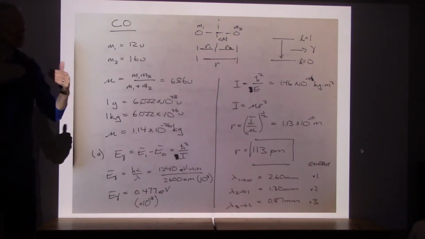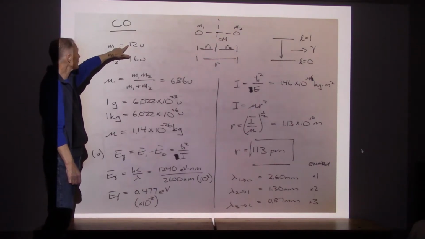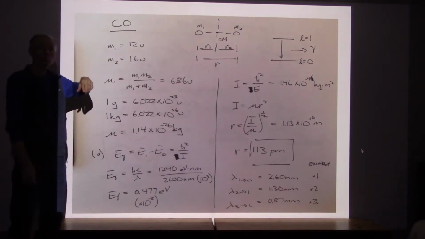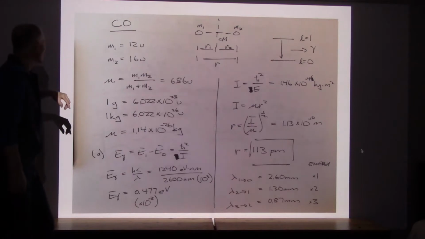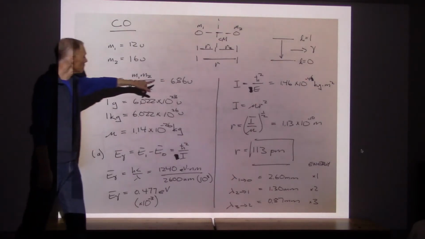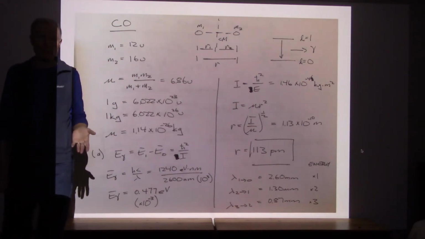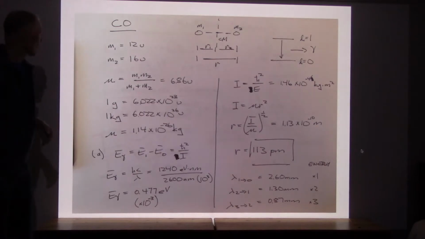So this is specifically for the 12 isotope of carbon and the 16 isotope of oxygen. Carrying out the reduced mass formula that we talked about gives me a value of 6.86 atomic mass units for the individual molecules.